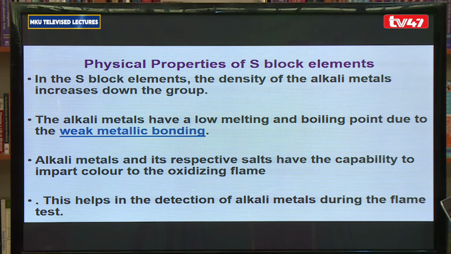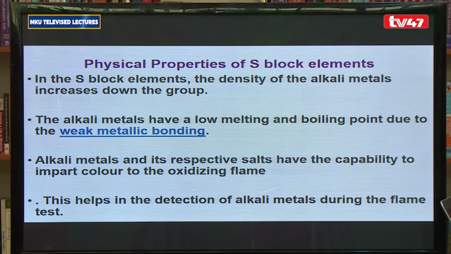Now, the other thing is that the alkali metals and their respective salts have the capability to impart color to the oxidizing flame. So you'll find that all the alkali metals are able to impart a characteristic color to the flame.